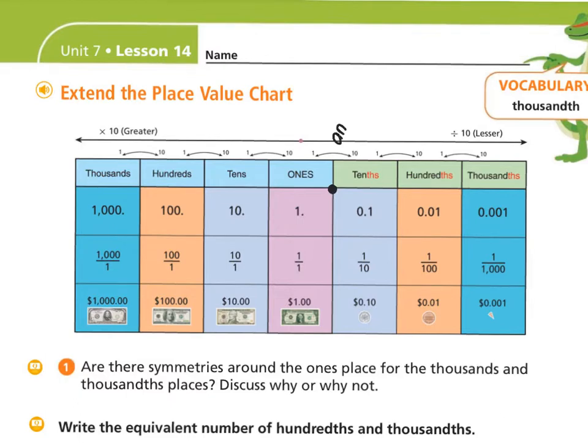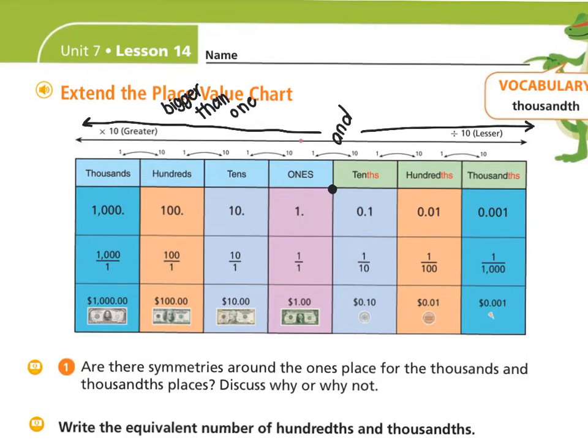The word and represents our decimal point, and we know that everything on the left side of the decimal point is bigger than 1, and everything on the right side of the decimal point is less than 1.